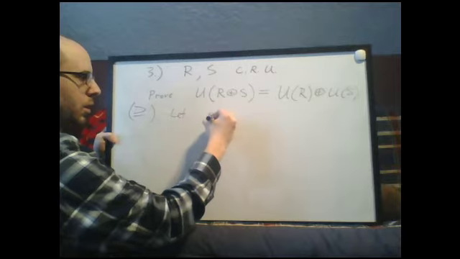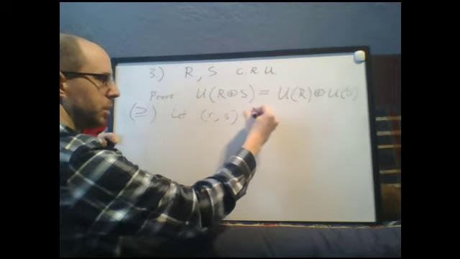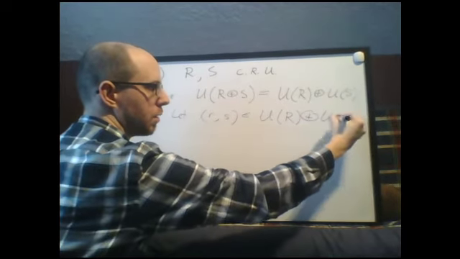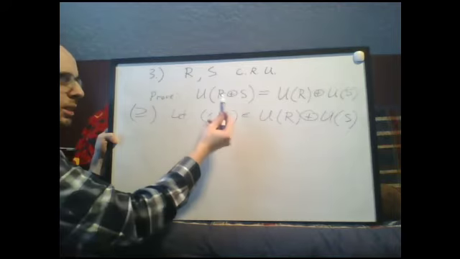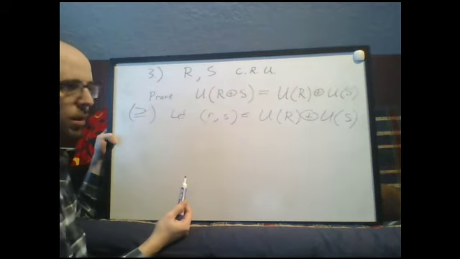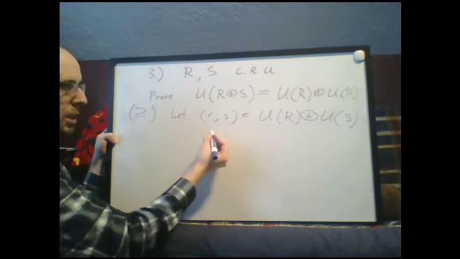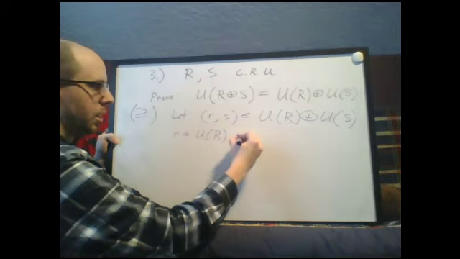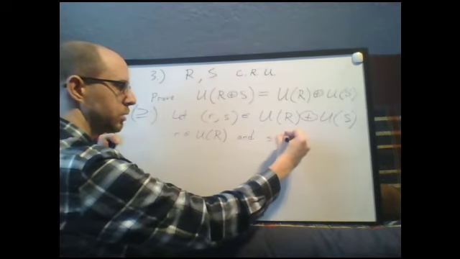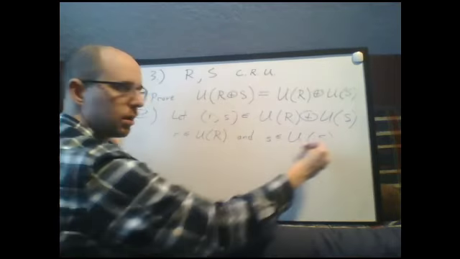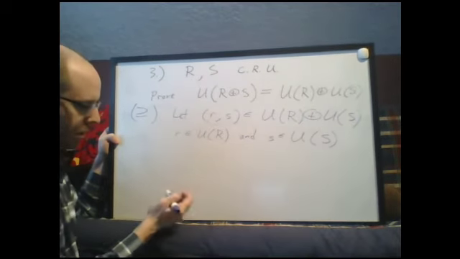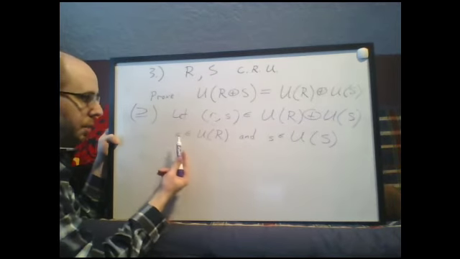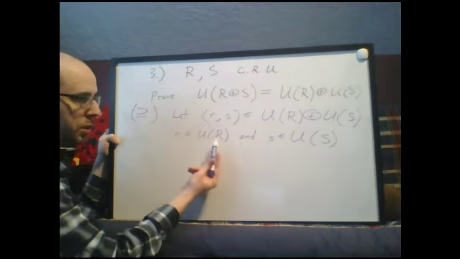So let (r,s) be an element of U of R plus U of S. We need to show it's an element of U of R plus S. All right, but what this means is directly r belongs to U of capital R, and little s belongs to U of capital S. But what it means to be in U of something means there exists an inverse within that ring.